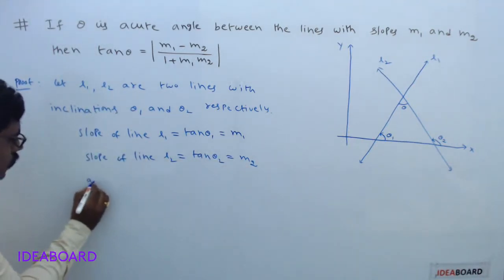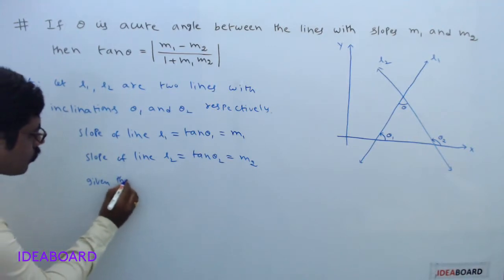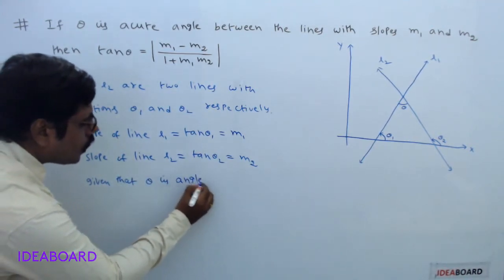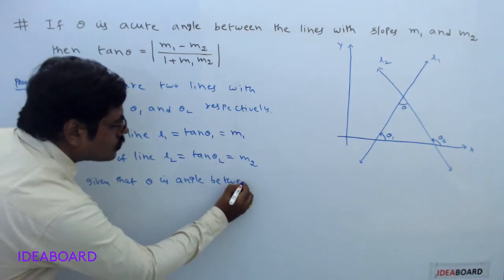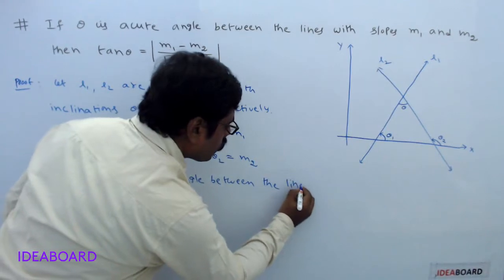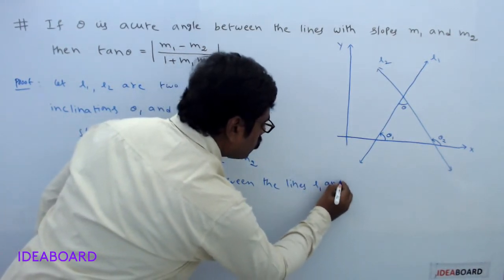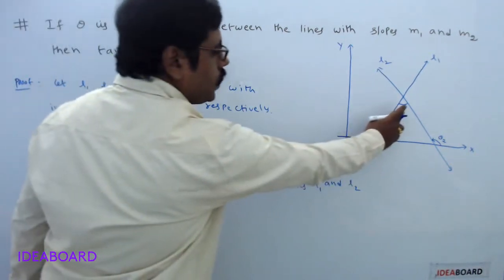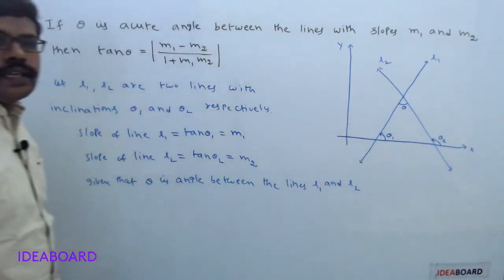Now given that theta is the angle between the lines L1 and L2. From the figure, the sum of two interior angles is equal to the exterior angle.